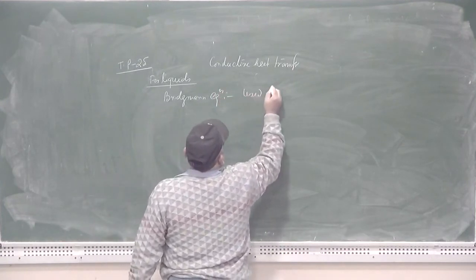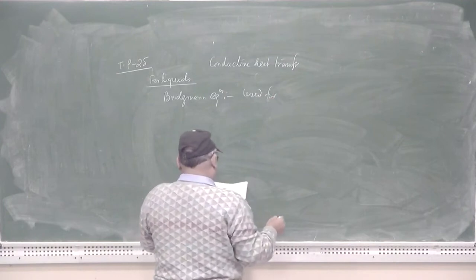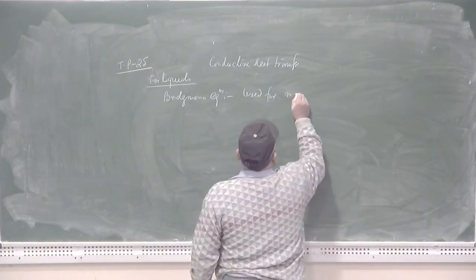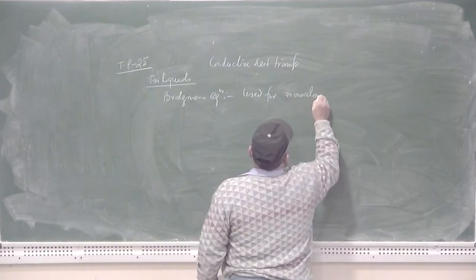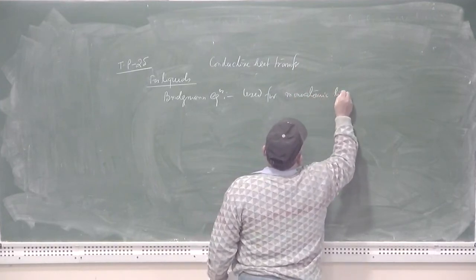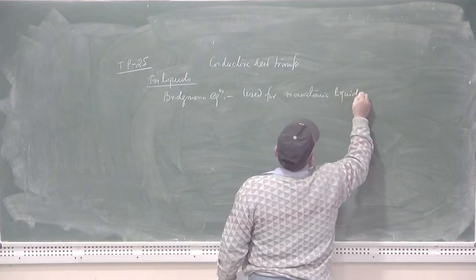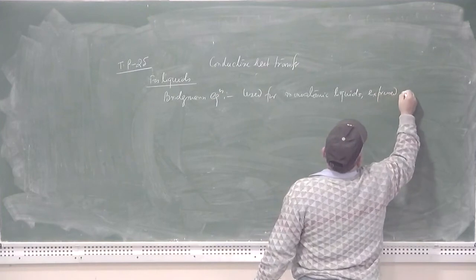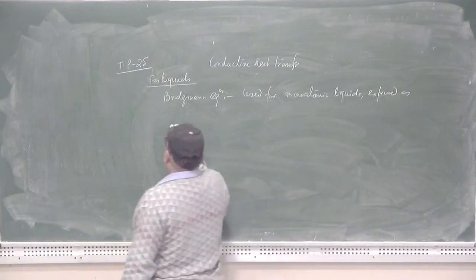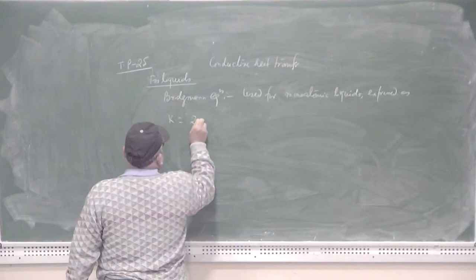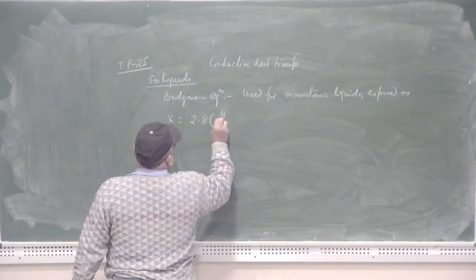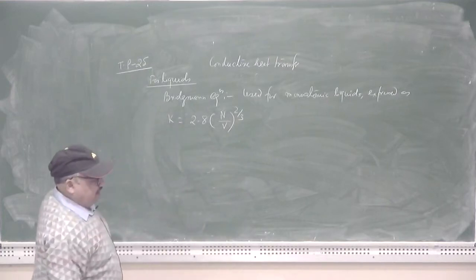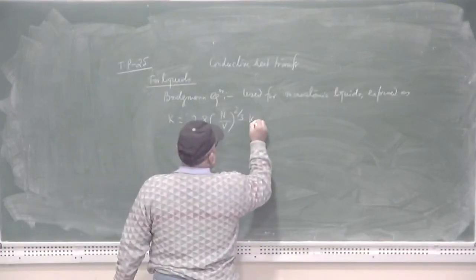This is used for monoatomic liquids. This Bridgman equation can be expressed as K is equal to 2.5 into N upon V raised to the power 2 by 3, into Kb into Vs.